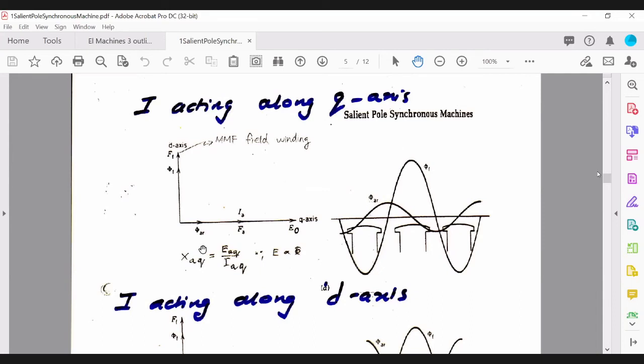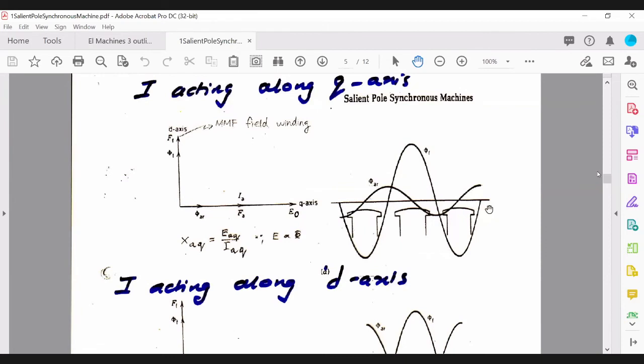The q-axis reactance is given by the ratio of EAQ over IAQ, and remember that the induced voltage is proportional to the flux. When the current is acting along the q-axis, this is how the two fluxes are positioned along the air gap.